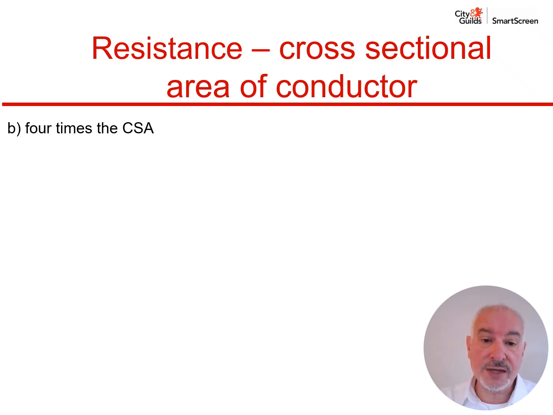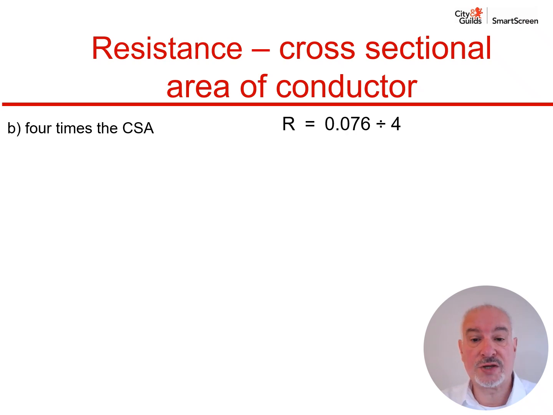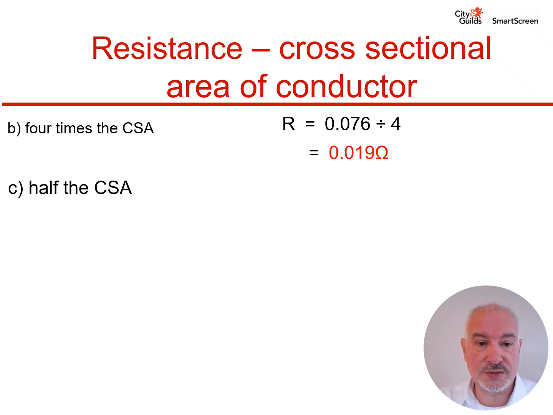And then part B, we're asked to calculate 4 times the CSA. So the resistance is going to be 0.076 divided by 4, because it'll be 4 times less. If there's a 4 times increase in the cross-sectional area, the resistance will be 4 times less. So 0.076 divided by 4 equals 0.019 ohms.